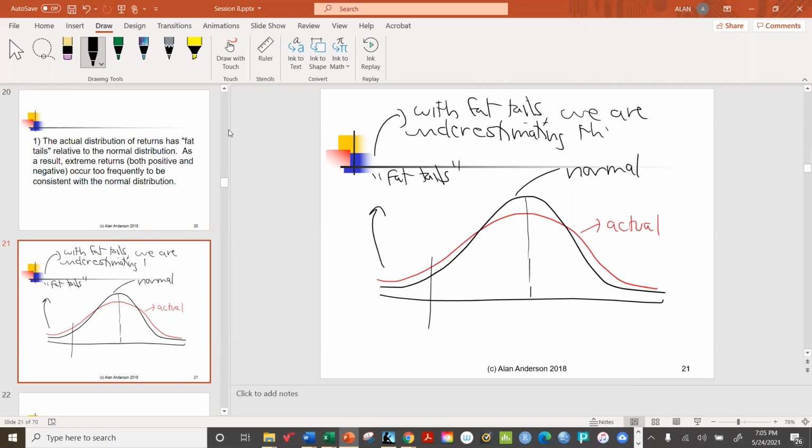Well, that's not good. We're also underestimating the likelihood of large gains too, but since we're analyzing risks, our focus is avoiding big risks. That is a potential problem.